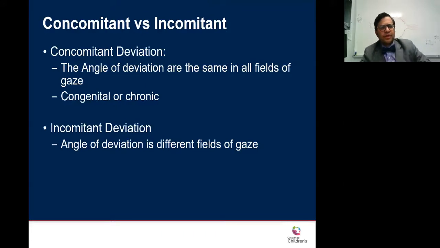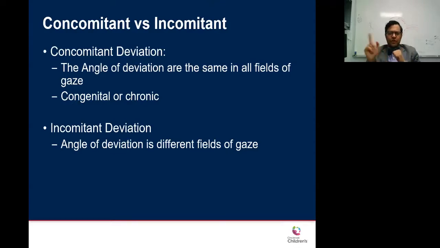A couple more things I want to talk about in terms of understanding misalignment, and I think this helps with thinking about the etiology, is comitant or concomitant versus incomitant. Concomitant deviation is when the angle of deviation is the same in all fields of gaze.